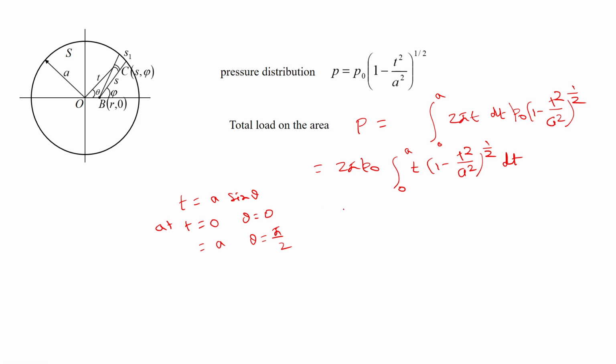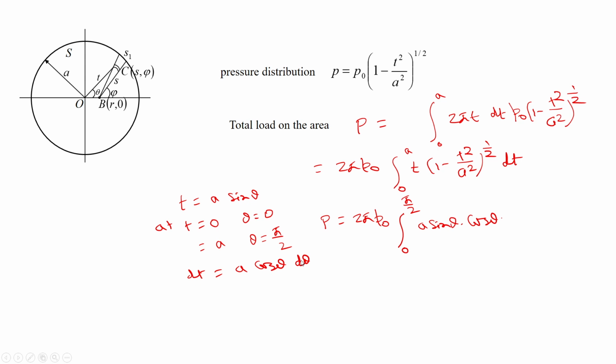So, here I have P is equal to 2 pi p0, integral from 0 to pi by 2, and here I will substitute for t as a sin theta, and 1 minus t square by a square, where t square by a square is sin square theta, and 1 minus sin square theta is cos square theta. So, the square root of that is cos theta, and dt will be equal to a cos theta d theta.